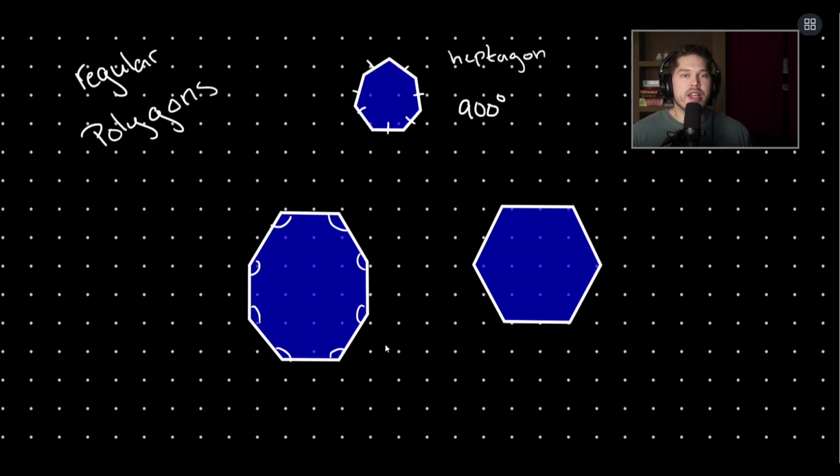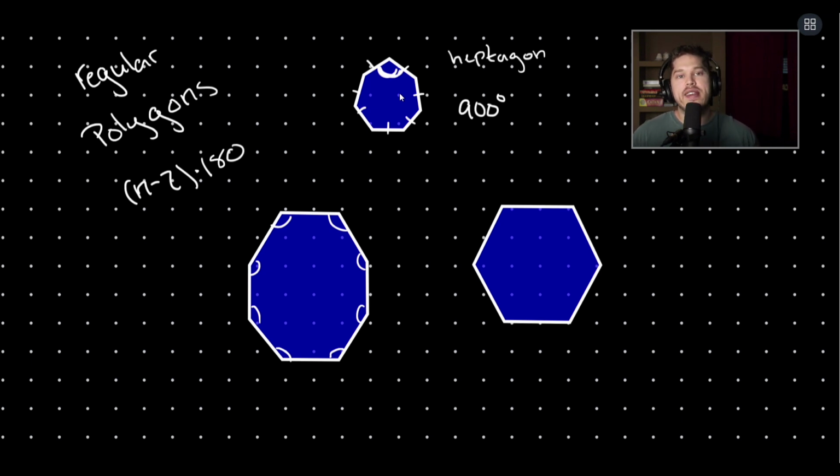If you forgot, you can again use the formula, number of sides minus 2 times 180 degrees to get you the 900, the total interior angle measurement. But the question at hand is, what is the angle measurement of just one of the angles? Well, because these are regular polygons, all of the interior angle measurements are going to be equal.